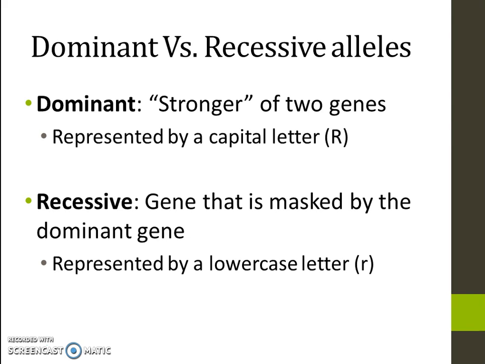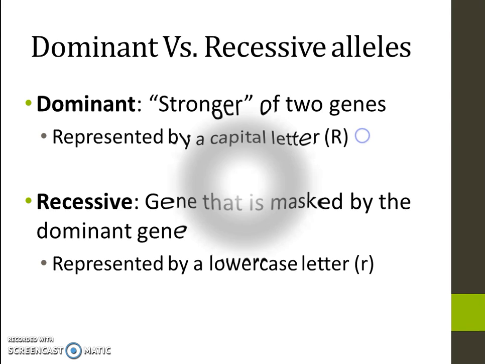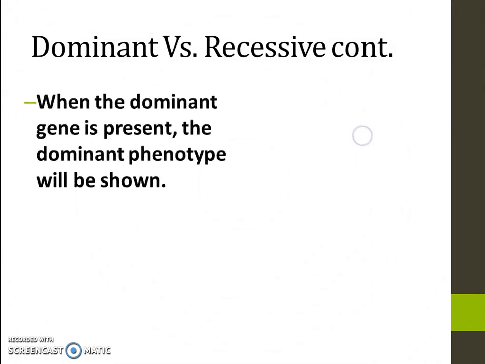And you probably remember these from when you did Punnett squares back in the day. So, when the dominant gene is present, the dominant phenotype will be shown. We'll talk about that word in a minute.